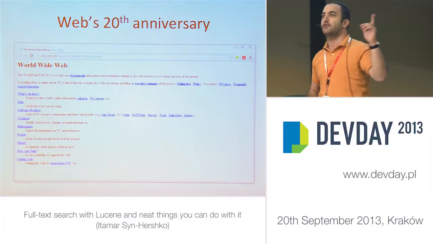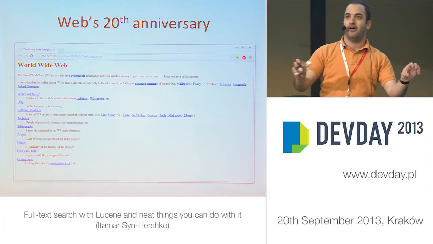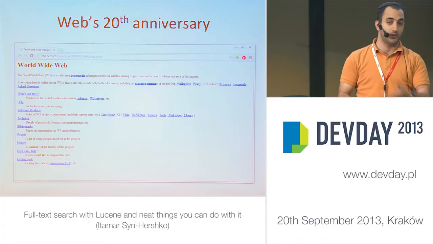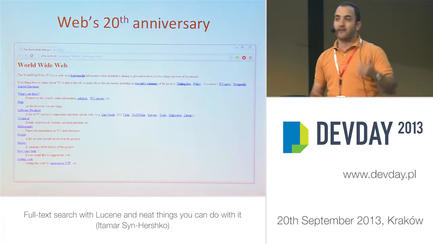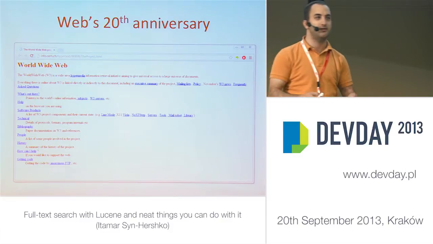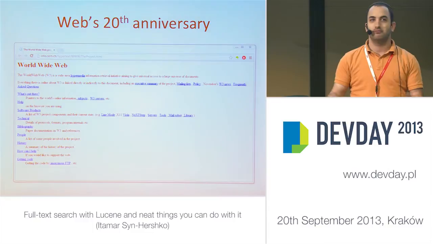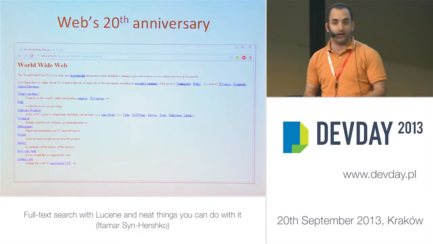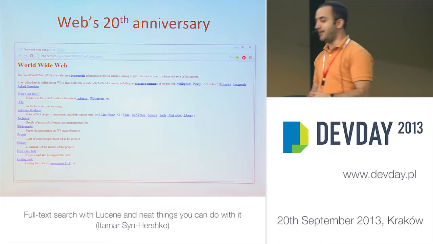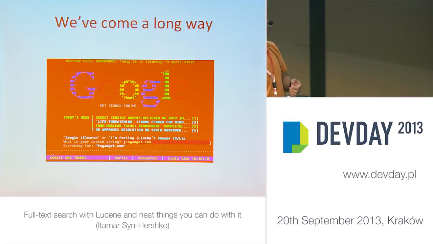That's actually the first website ever, and that's the original URL for that website, as it was 20 years ago. Back then, we didn't have much information on the web. We just had quite a few simple HTML pages, so we had quite a small place that's called the internet. And things changed.